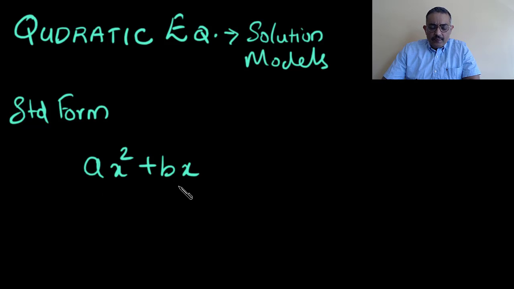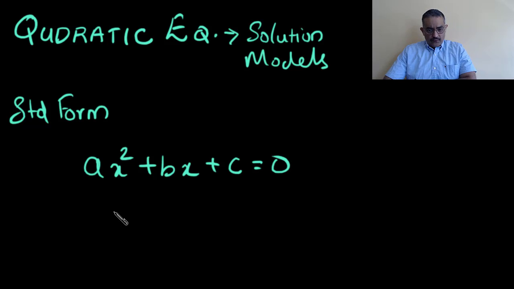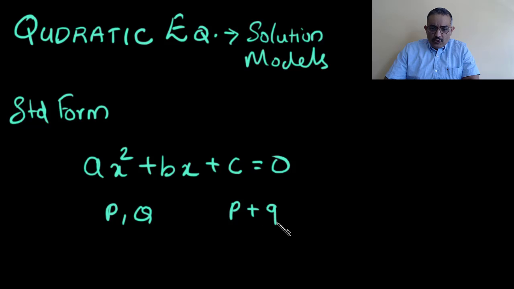This is the same variable but with exponent 1 and its corresponding coefficient b, plus c, a constant, equal to 0.